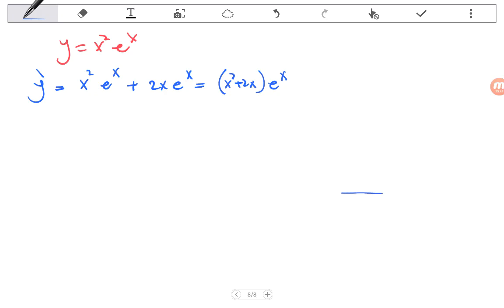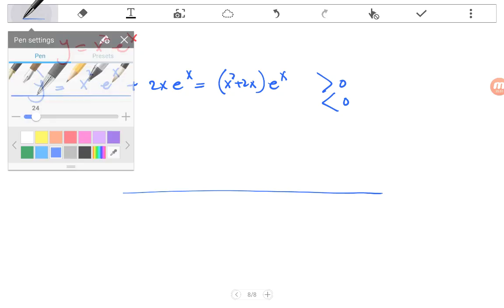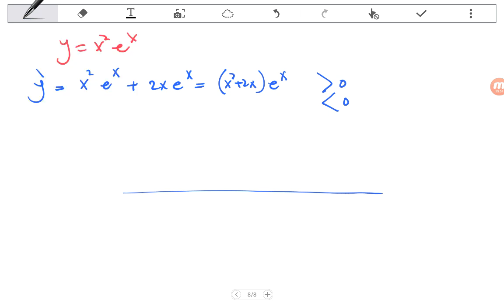Now, I need to study when this function is greater than 0 or less than 0. We need to study the sign of this function. To study it, we find the zeros and poles: when it is equal to 0 and when the denominator goes to 0. We have two cases, x squared plus 2x equals 0 or e power x equals 0.